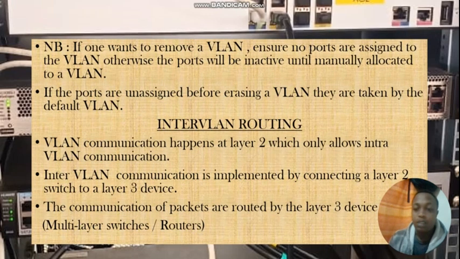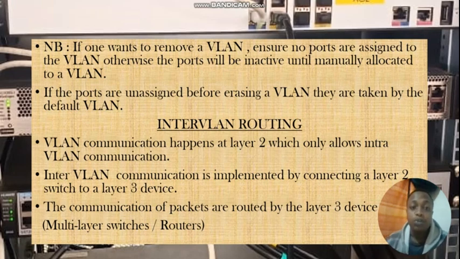Now you have to note this, that if one wants to remove or delete a VLAN, ensure that no ports are assigned to the VLAN, otherwise the ports will be inactive, and this will remain inactive until manually allocated to another VLAN.